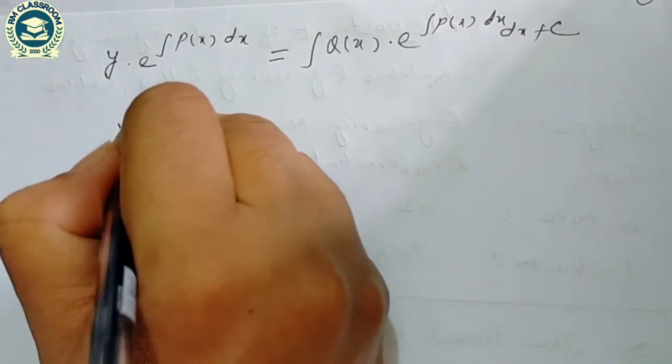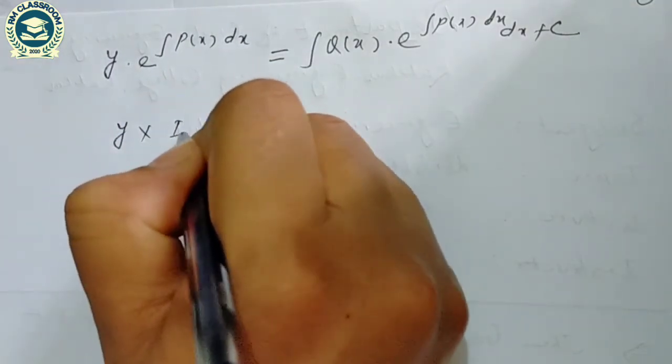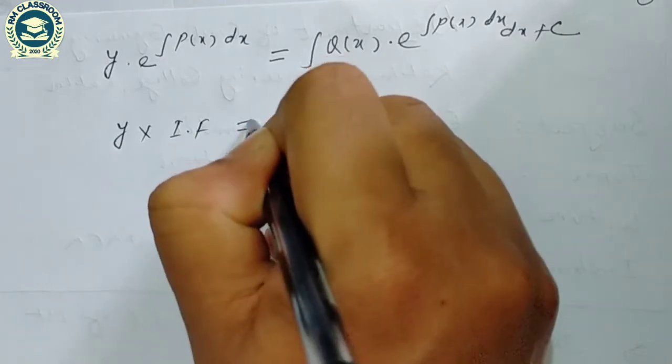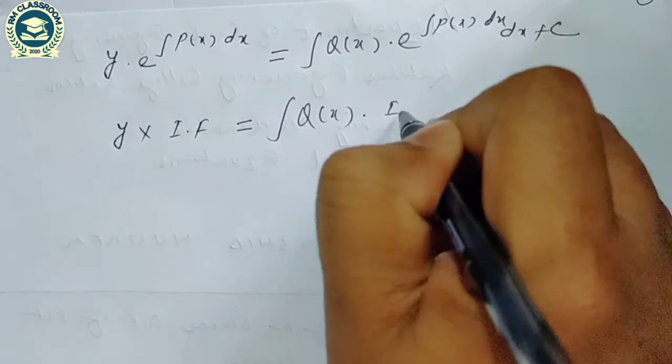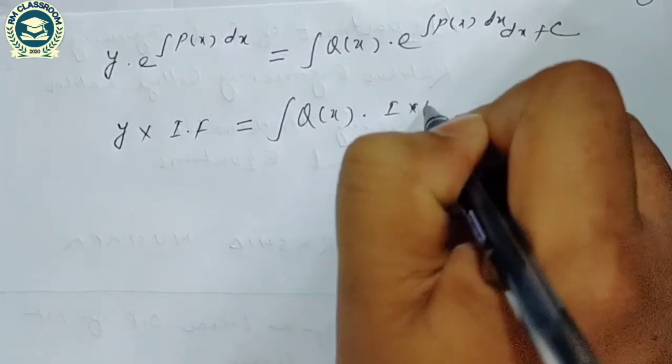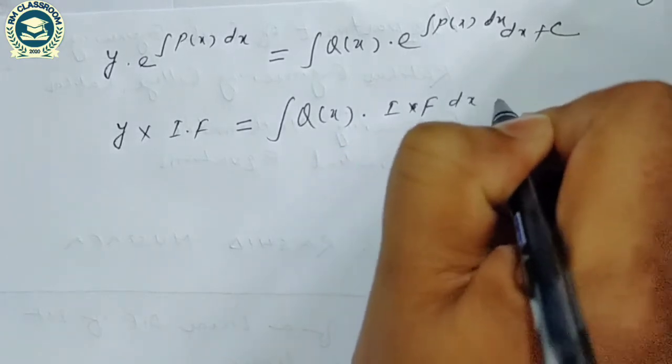This can be written as y into integrating factor is equal to the integral of Q(x) into integrating factor dx plus c.